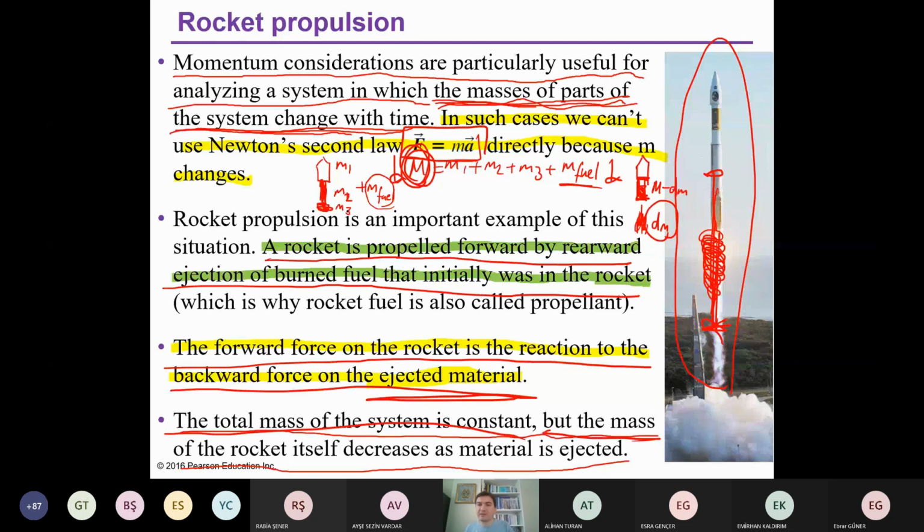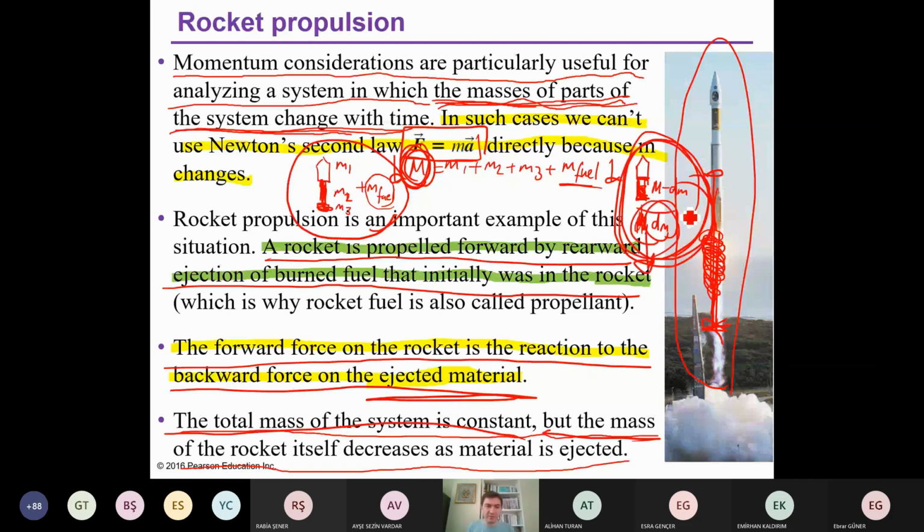So total mass of the system, if you look at this one, before starting the motors, we have certain mass, and after we fired the motors, then we have again total mass m, but some part of the mass is moving in this direction and some part of mass is moving in this direction, okay?